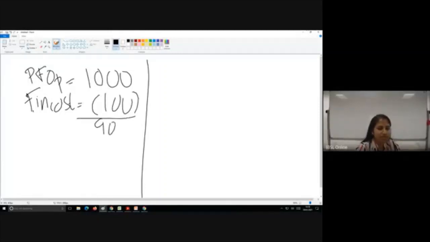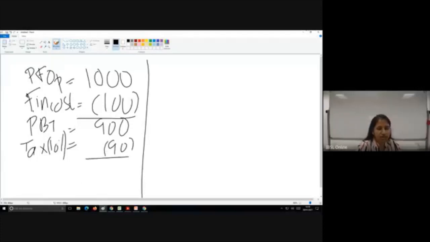Then you end up with 900 as your profit before tax. You need to calculate your tax amount. Let's say it's a very straightforward tax at 10%. So you will arrive at 90. Your profit after tax is 810.